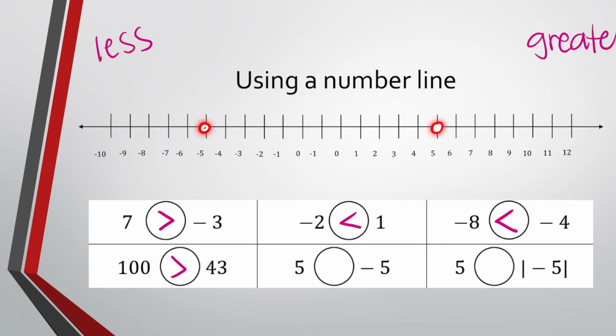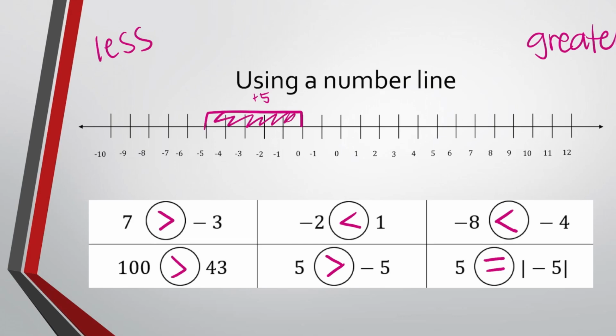We have +5 over here, -5 down here. -5 is further on the smaller side, so this would be like that. And then we have 5 and the absolute value of -5. If you think back again to absolute values, they represent the distance, and the distance from 0 for -5 is +5, which is the same. So these two would be equal to each other.